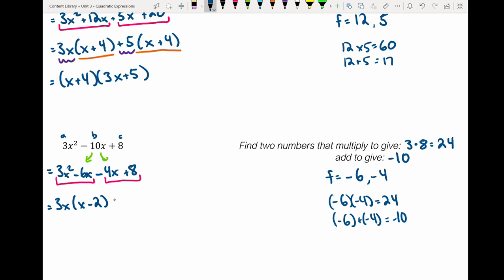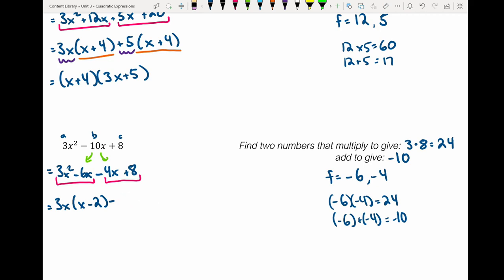And if I look at the next one, minus is there, I'm going to factor out a 4. I have x plus 2. So this doesn't work, right? Looking at this, it doesn't work because my brackets aren't the same.